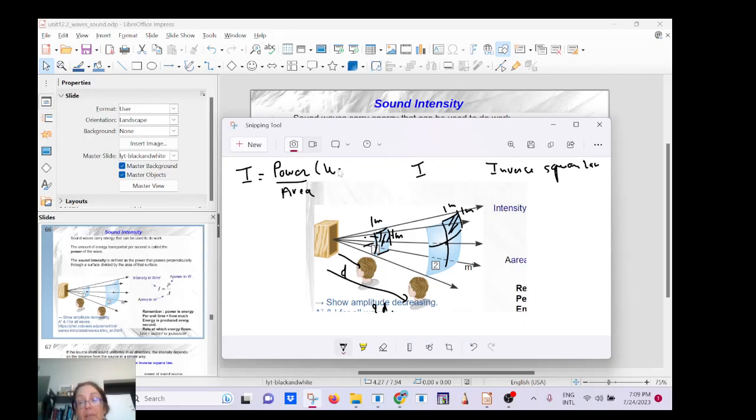Power is in watts, and area is in square meters, so it's going to be watts per square meter. Power is just the rate at which energy is produced, or the rate at which energy is consumed, or the rate at which energy is flowing.